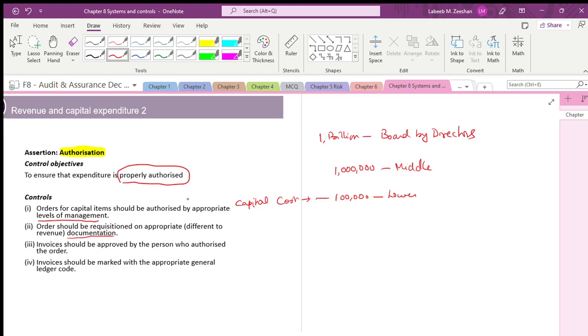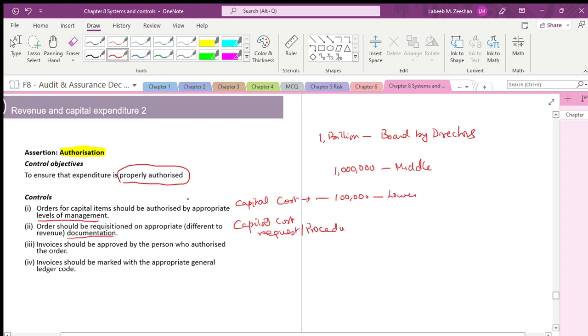A capital cost request should be raised and the procedure should be followed. As you can judge immediately why it has been identified as a capital expenditure or as a revenue, you should have that accounting perspective also.